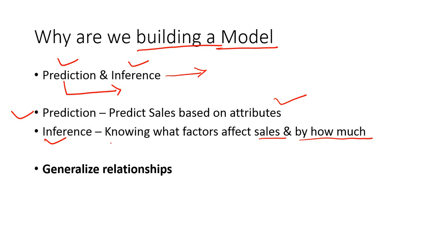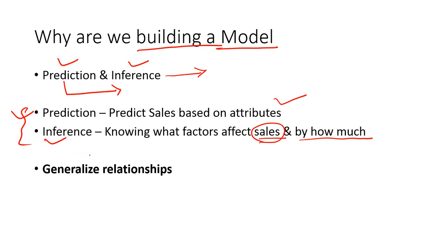Here we're trying to understand the relationship between sales and factors related to sales, like the price of the product and the advertisement money spent on marketing, and by how much one variable affects the other, the dependent variable, which is sales. So these are two main reasons why we build models.